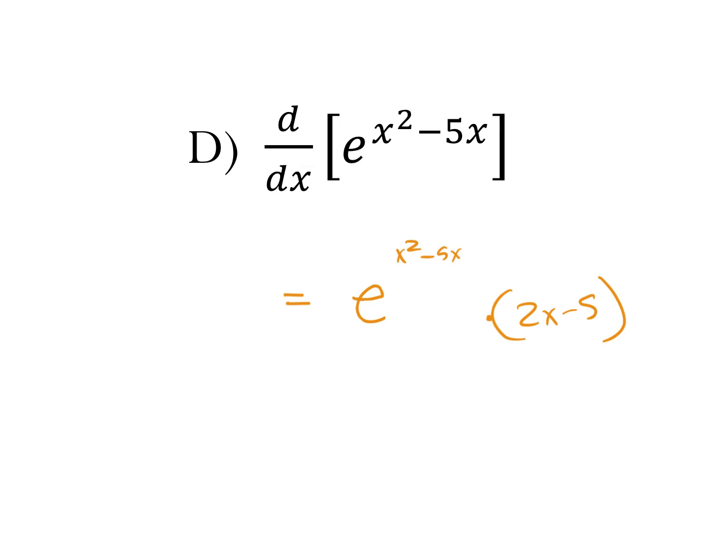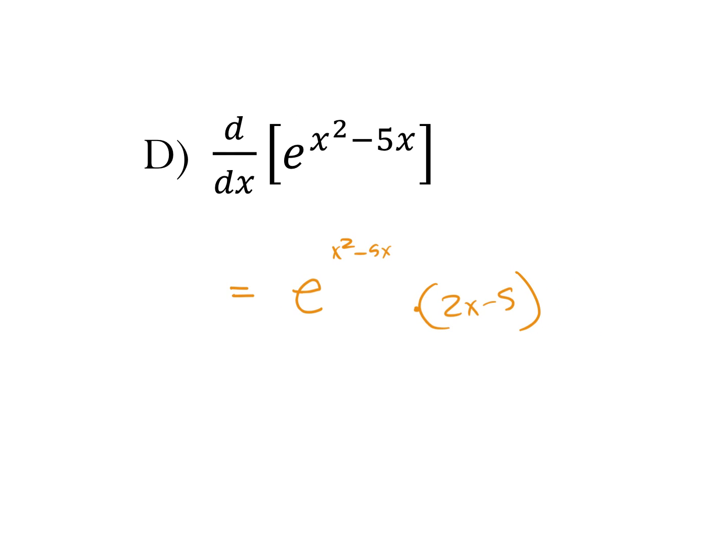If you want to think of it this way, and honestly, with where we're going next, once you know what that interior function is, I could look at this and say, I need to find the derivative with respect to x of e to the u power. And how do I do that? The derivative of e to the u is e to the u times u prime, yeah?